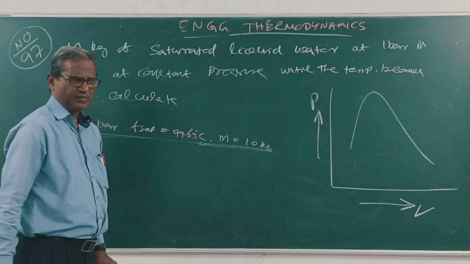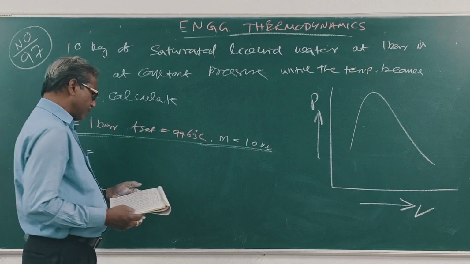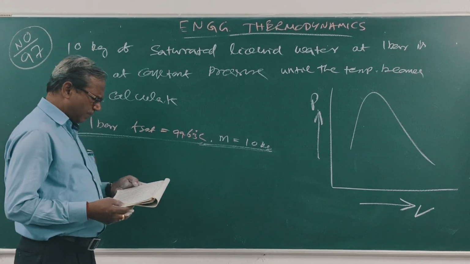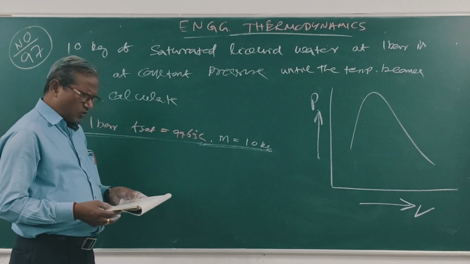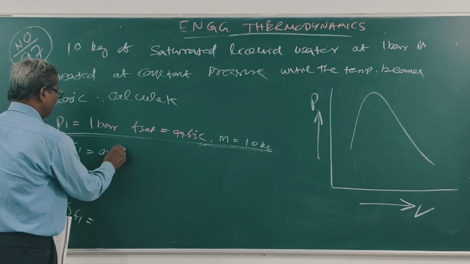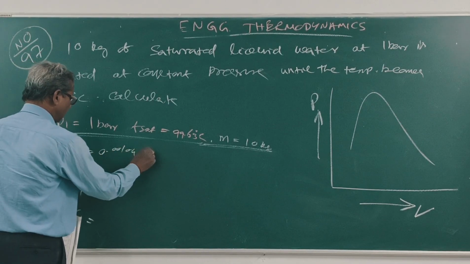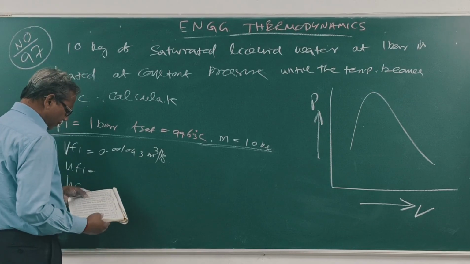At 1 bar, vf1 is equal to 0.001043 meter cube per kg.